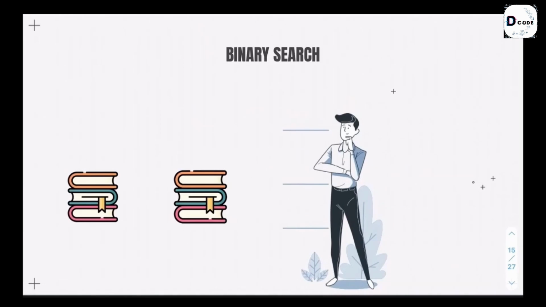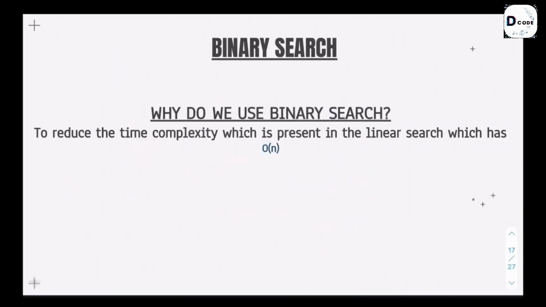You'll divide the books into 2, remove the extra books that are on top of your book, and take the desired one. So in order to reduce the time complexity which is present in linear search, we use binary search. Therefore, you can say that the time complexity of binary search is less than O(n).